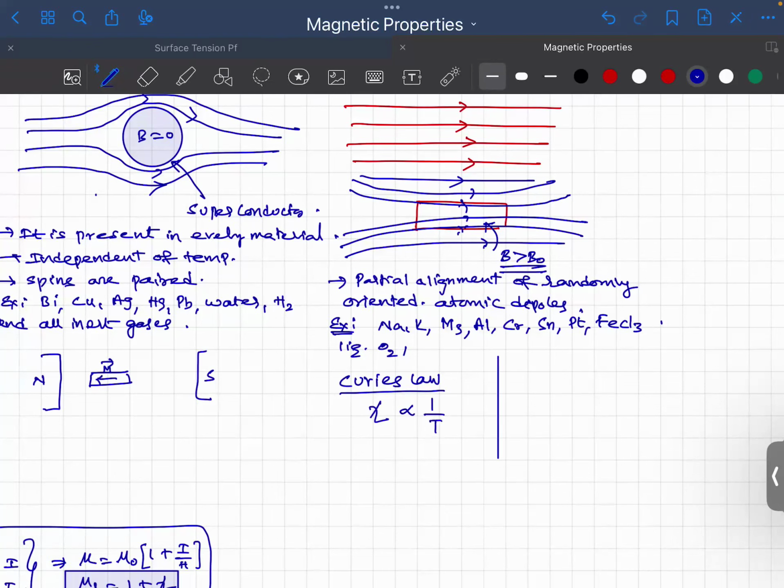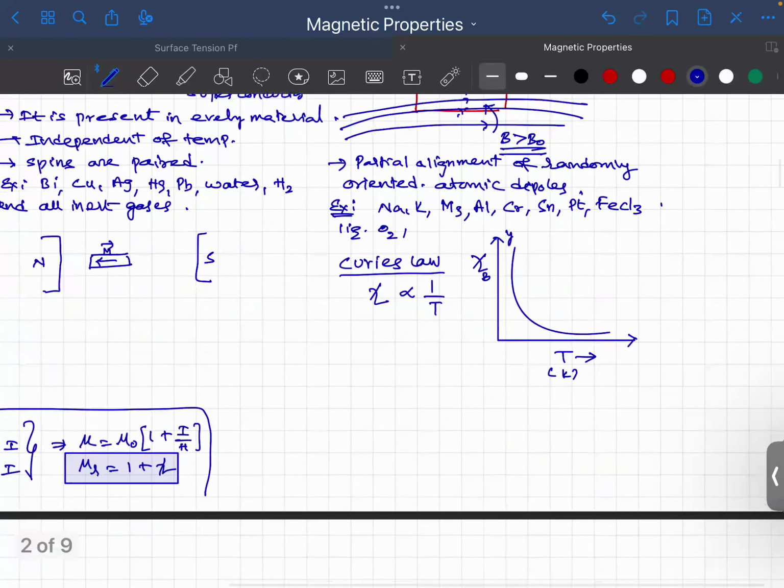Means if you plot a graph taking temperature in Kelvin along the x-axis and magnetic susceptibility along the y-axis, you will notice that the graph is like this, a rectangular hyperbola. This is what you call Curie's law. So basically, atomic dipoles tend to align along the direction of the field, that is the criterion.